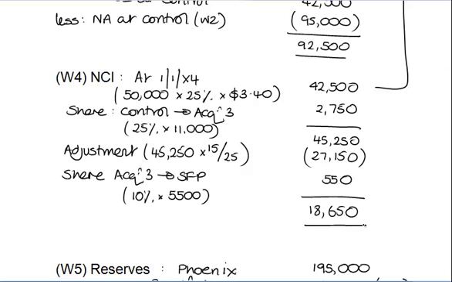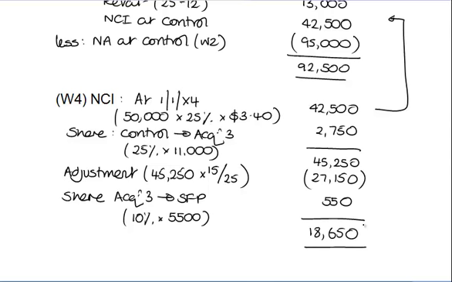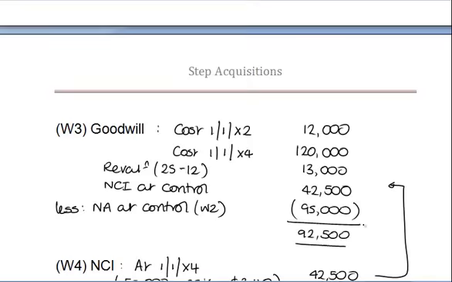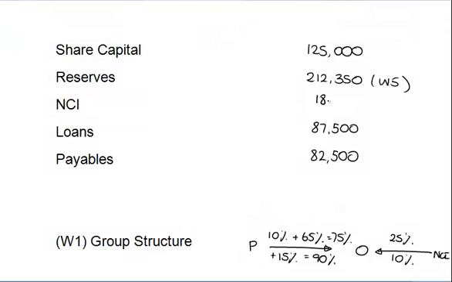The NCI adds up to 18,650, and again I'm going to transfer that to the face of my answer. So I've got 18,650 which has come from working number 4.